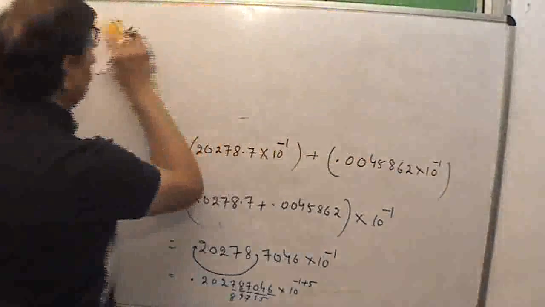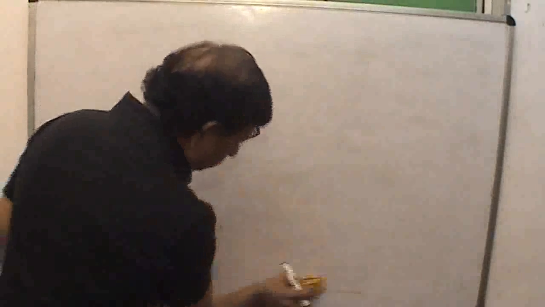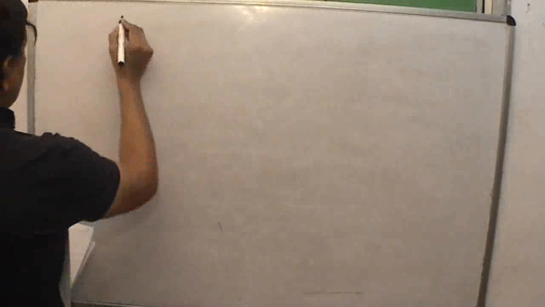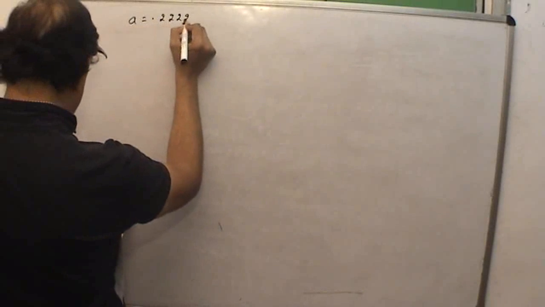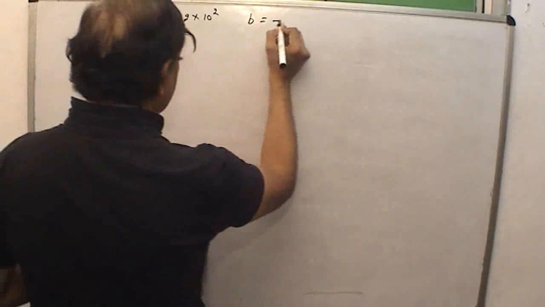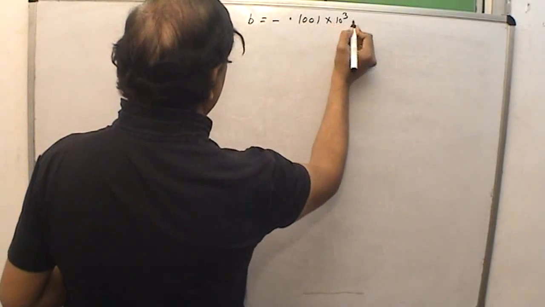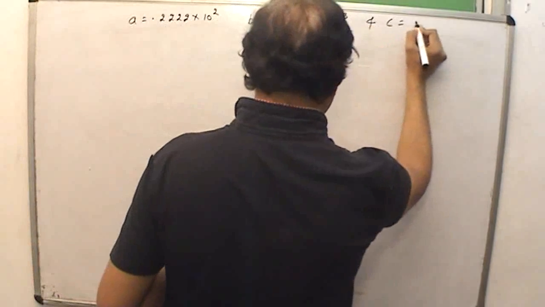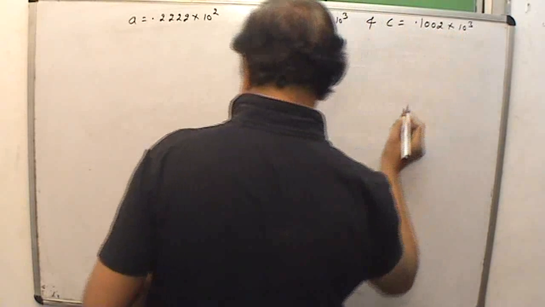Say let A is equal to 0.2222 into 10 raised to the power 2, B is equal to minus 0.1001 into 10 raised to the power 3 and C is equal to 0.1002 into 10 raised to the power 3.